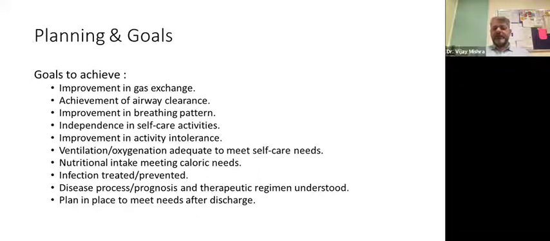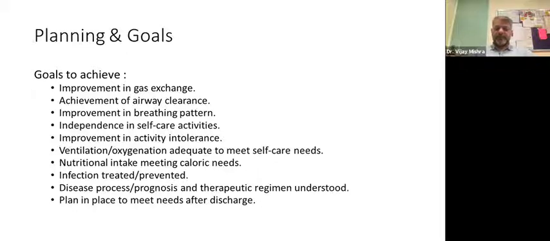Oxygenation and ventilation are adequate. The patient is able to breathe adequately, or his oxygenation is enough to meet his self-care needs. Nutritional intake is very important to meet the caloric requirements of these COPD patients, where the work of breathing is very high and they burn a lot of energy. If there is an infection which is suspected or treated, our goal is to treat the infection or prevent the infection.